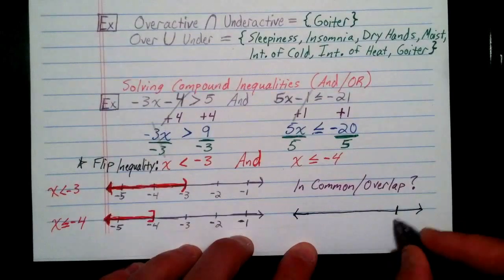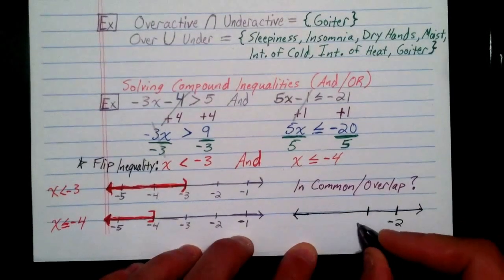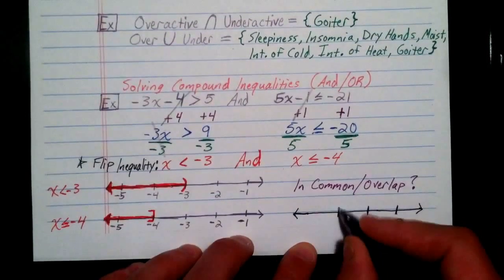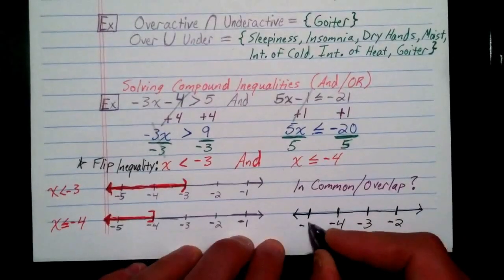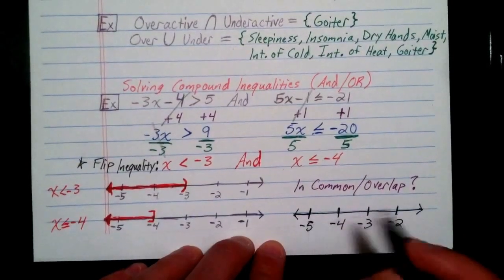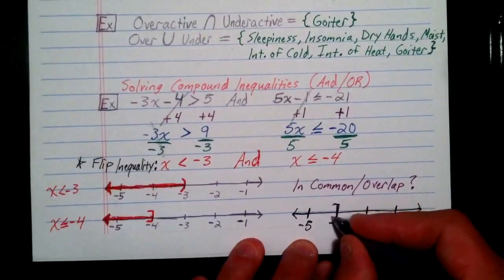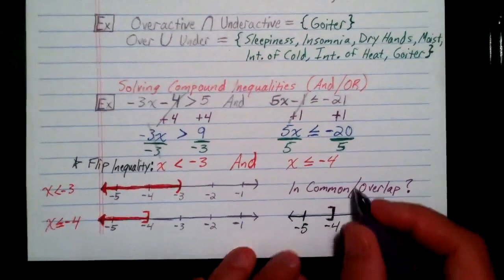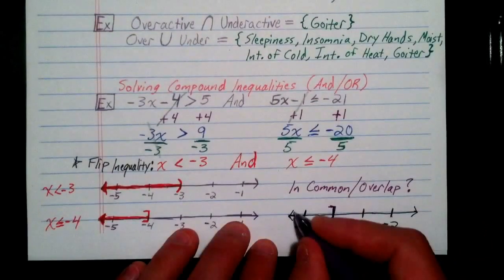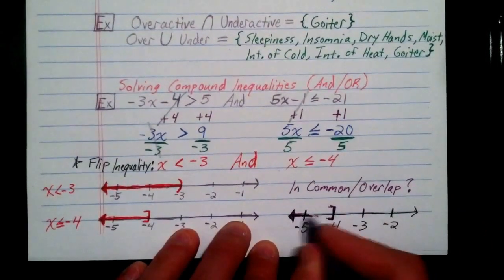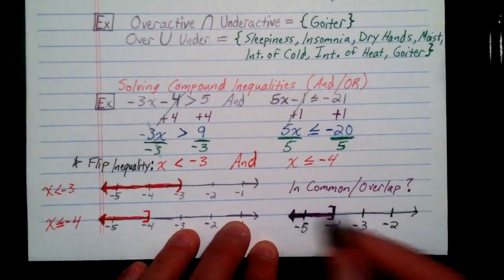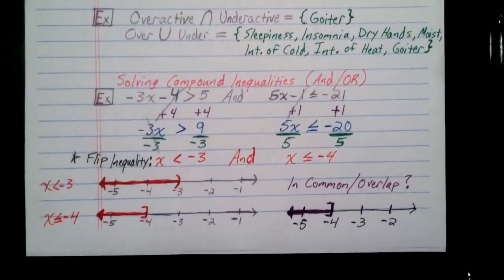Say we have negative 2, negative 3, negative 4, negative 5. It would just be everything from negative 4 and shading it to the left. That's where the two graphs would overlap each other.